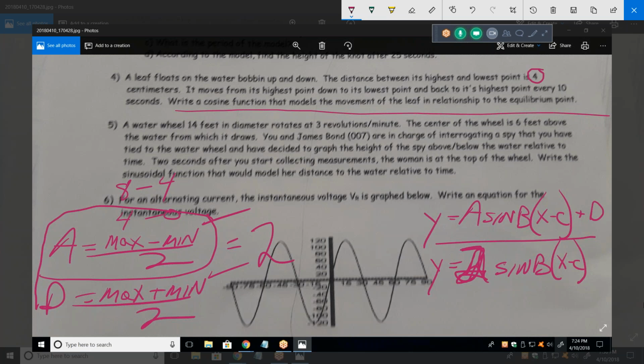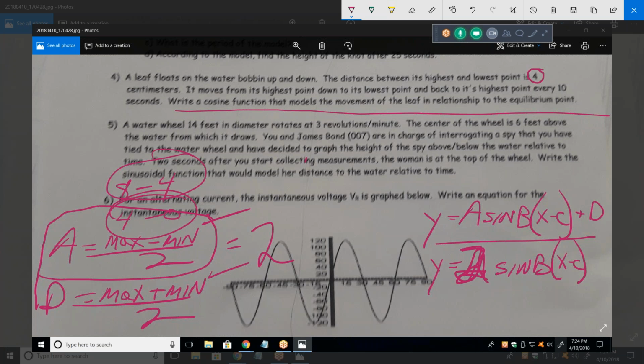Now it kind of matters because D is the maximum plus the minimum divided by 2. Let me think about this for a second.